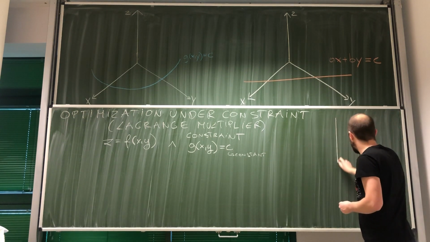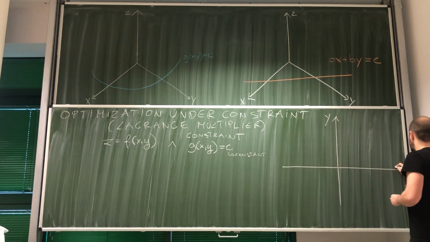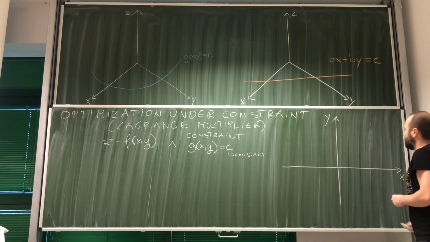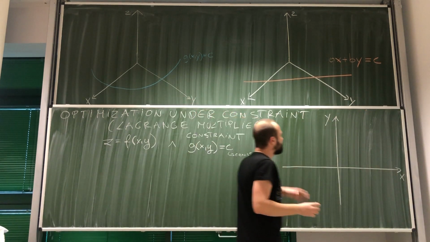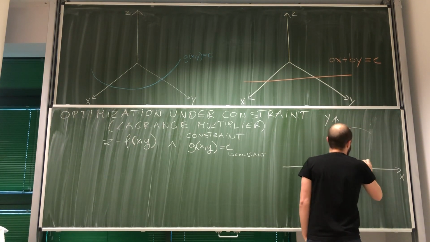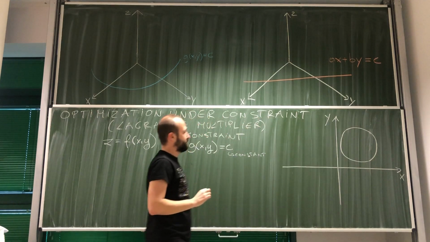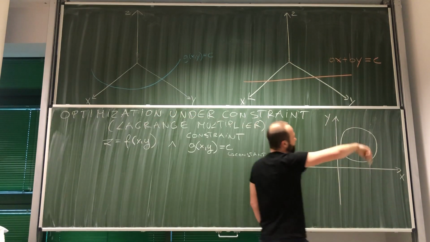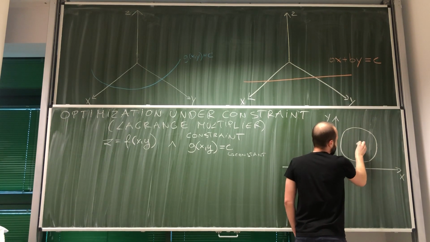So look, here we have some y-axis, here we have some x-axis. And look, imagine that we are looking for maximum. And let's just say we already know that this maximum is located over here.